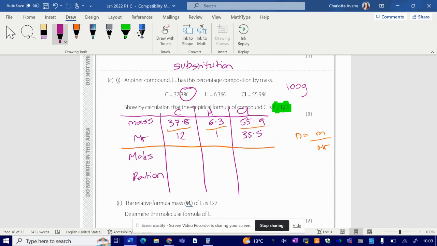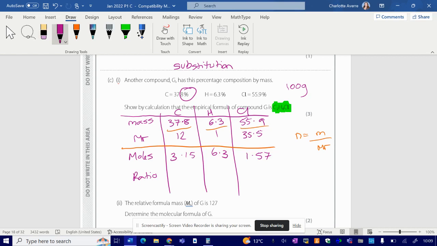Okay, and then number of moles, 37.8 divided by 12 is 3.15. 6.3 divided by 1 is obviously 6.3. And 55.9 divided by 35.5 is 1.57. Okay. Then we are going to work out our ratio.